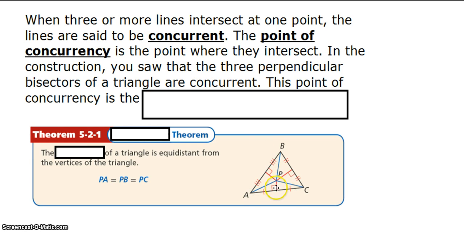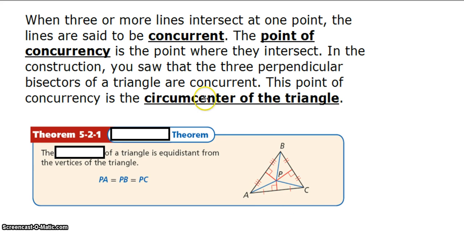In this example, it's point P. So in the construction, you saw that the three perpendicular bisectors of a triangle are concurrent. They share a point. This point of concurrency is the circumcenter of the triangle. Point P is the circumcenter of the triangle created by the three perpendicular bisectors.